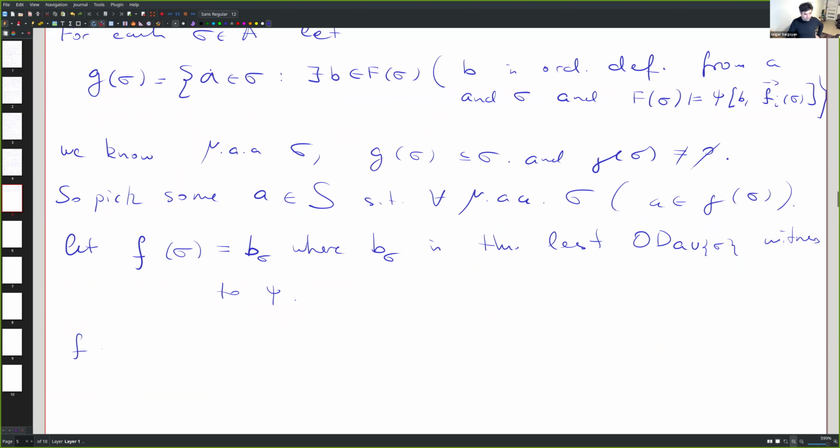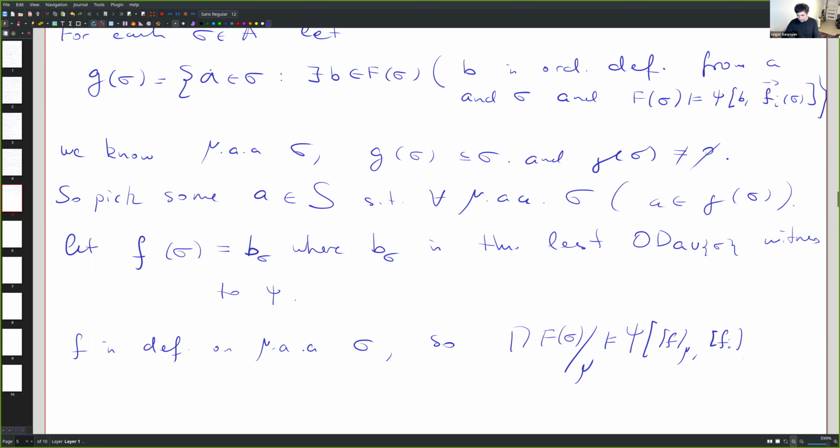So F is defined on almost mu, almost all sigma. So you know that F sigma mu from the other direction satisfies psi F mu, and then let me just put vector here.